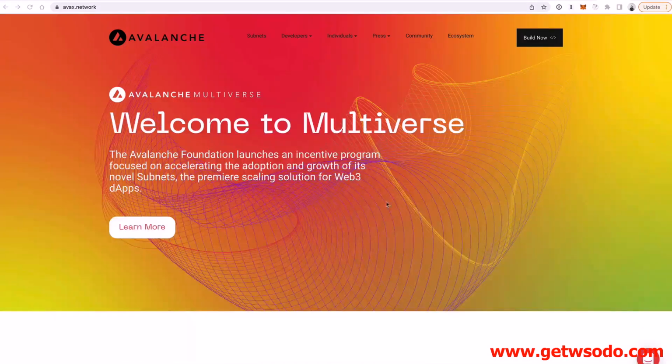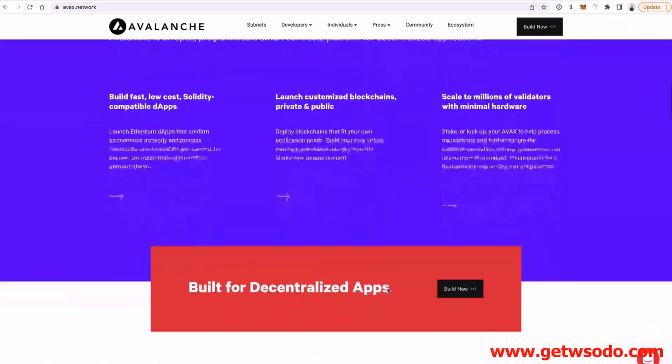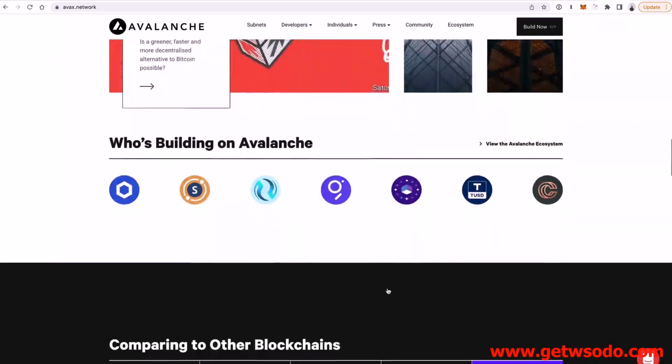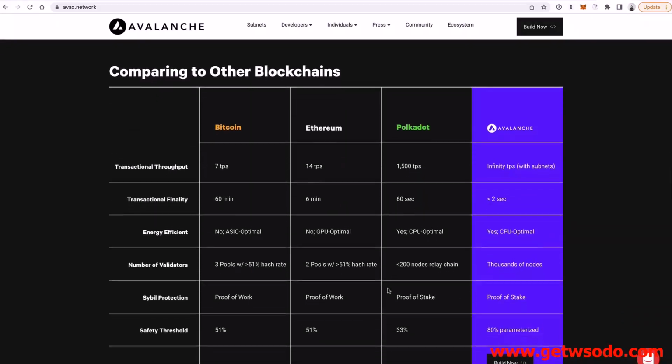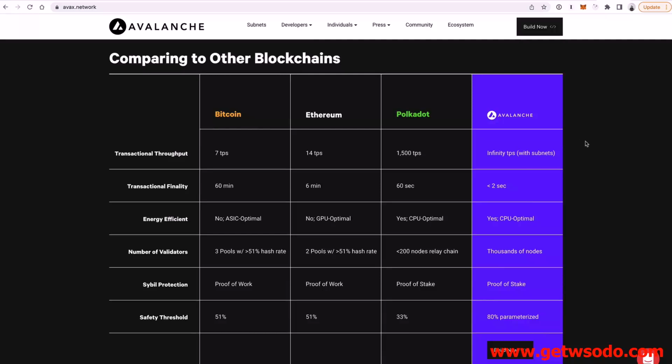All right, so another EVM compatible chain that's gained quite a bit of popularity is Avalanche. Avalanche has changed some settings, and you can see how it compares to a blockchain like Ethereum. They have a comparison table with Bitcoin's transactions per second and Ethereum's transactions per second. They claim infinity with subnets.